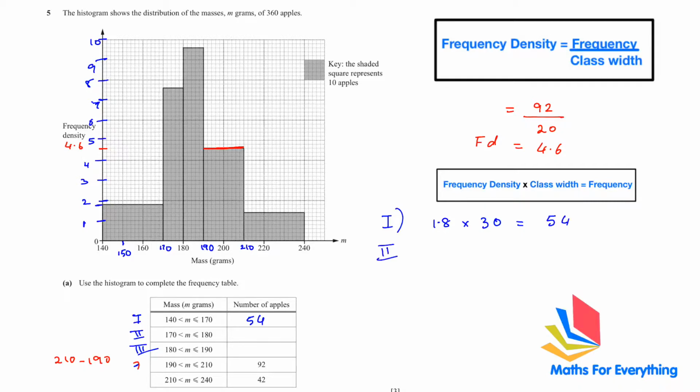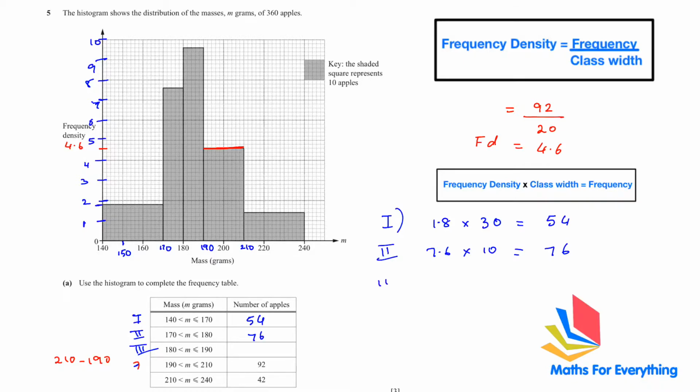Now for the second bar, we have to find the frequency density 170 to 180. This is 7.6. Multiply by the class width. 180 minus 170 will give you 10. So you multiply by 10, and frequency is 76.